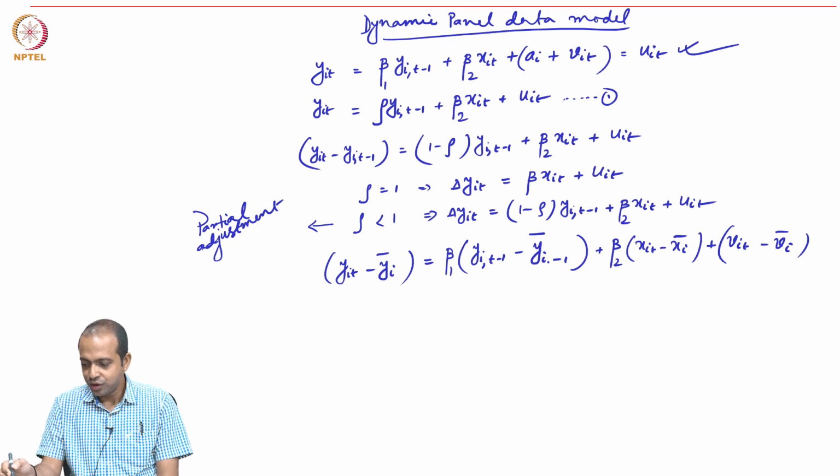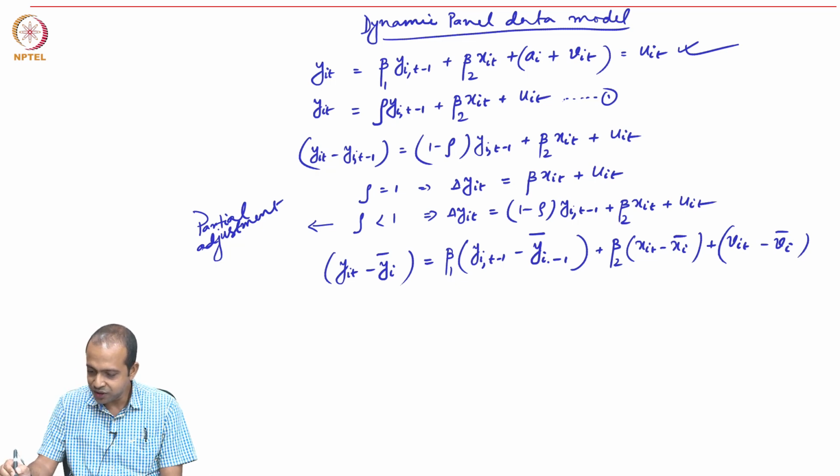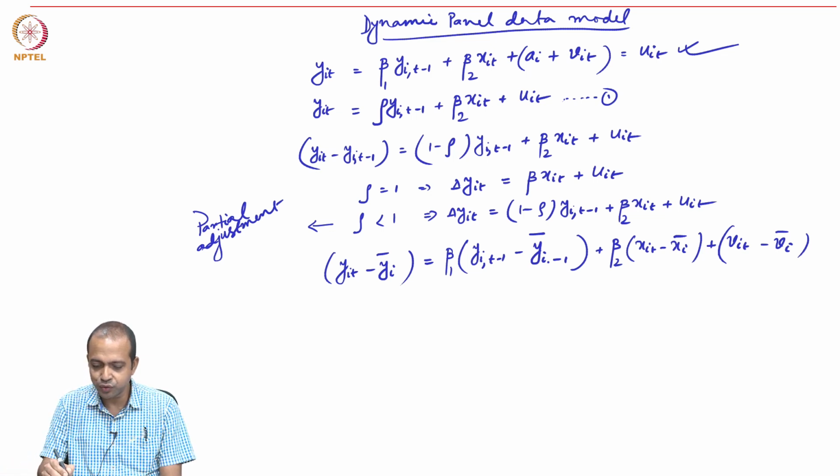So in both cases, v_i bar is correlated with y_it minus 1 because v_i bar includes v_it minus 1.